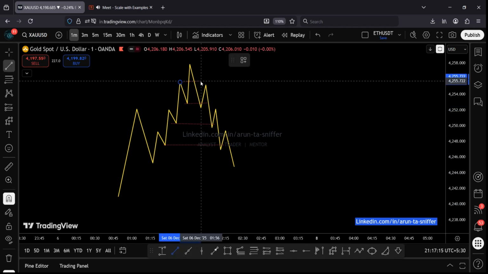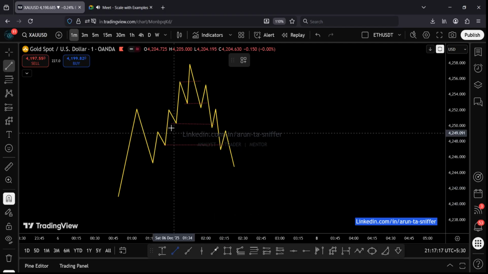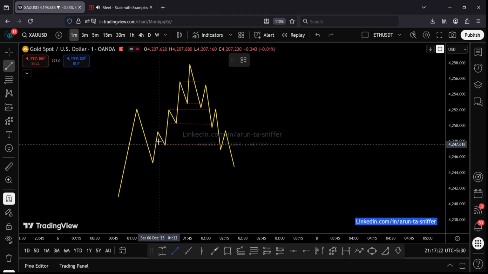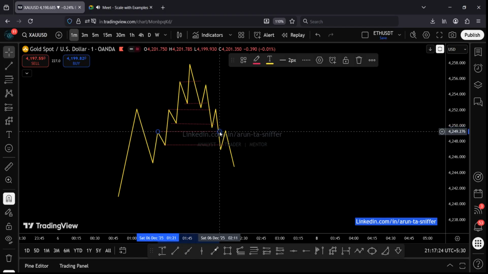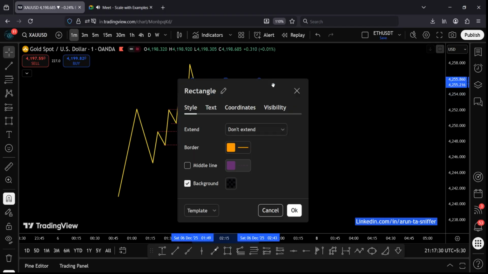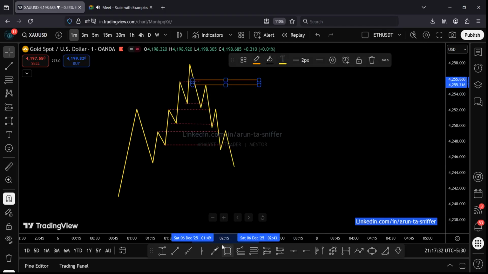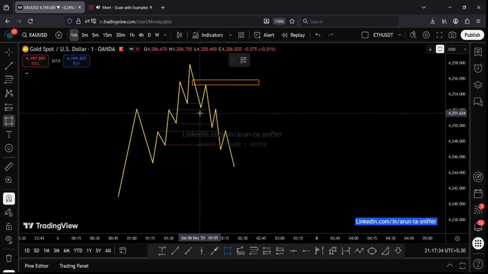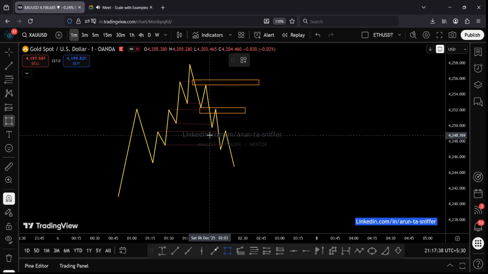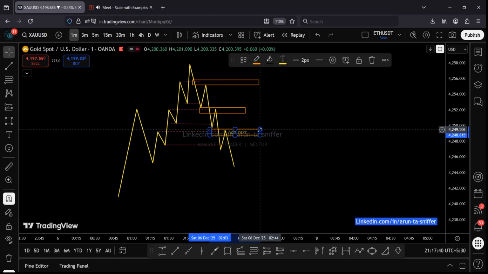Where are they? Here, here, here. Let's draw some LSKs here like this. Here you will find an LSK. Here you find LSK, and here you find LSK.